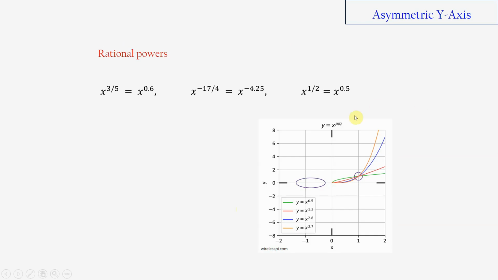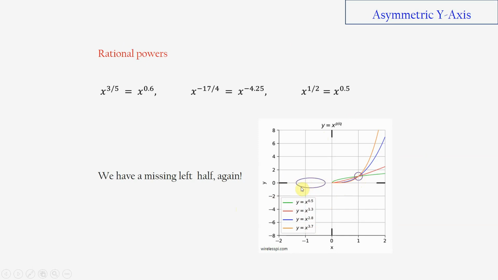For example, these curves draw y equals x raised to power 0.5, 1.3, 2.8, and 3.7. Notice this circle where all the curves pass through the point 1, 1. On the other hand, we have a missing left half. Again, this is a very interesting result.